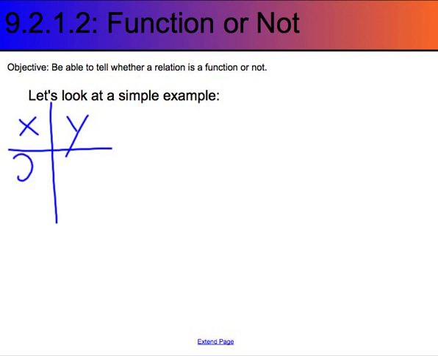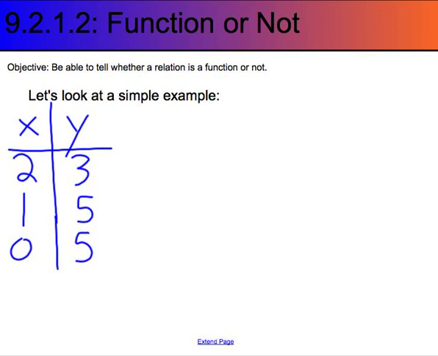I'm just going to make a couple. Here's an input of 2 and an output of 3. And let's do an input of 1, an output of 5, and an input of 0, and an output of 5. Now this is kind of weird. It's not a line. I just kind of pulled these numbers out of the air.